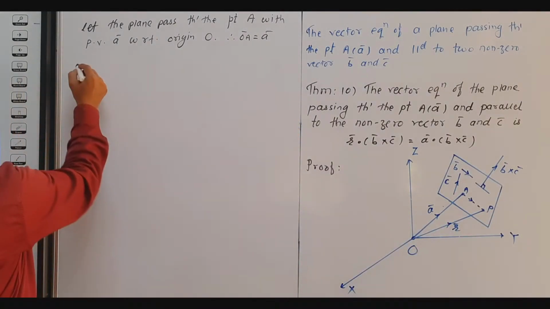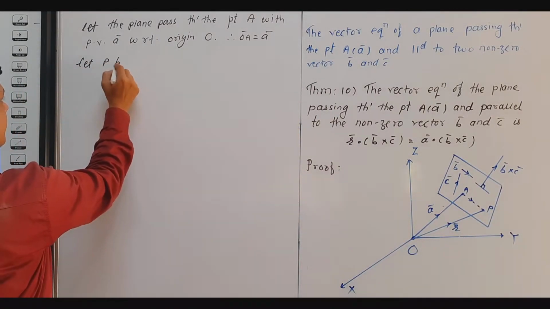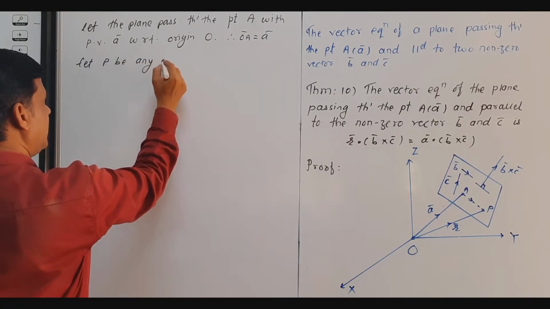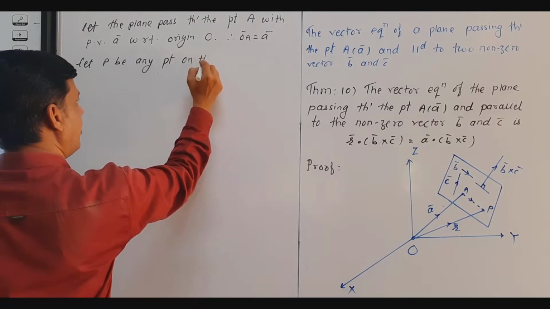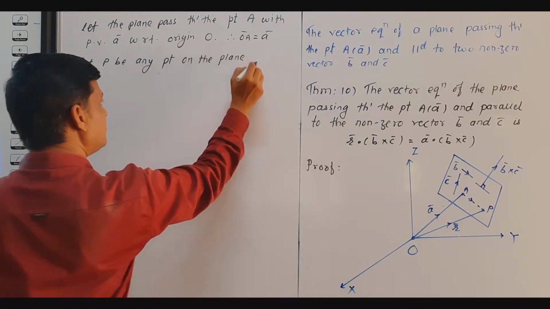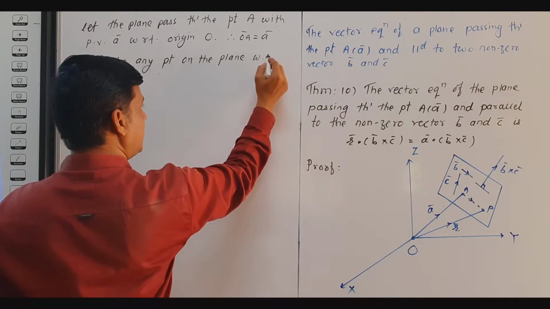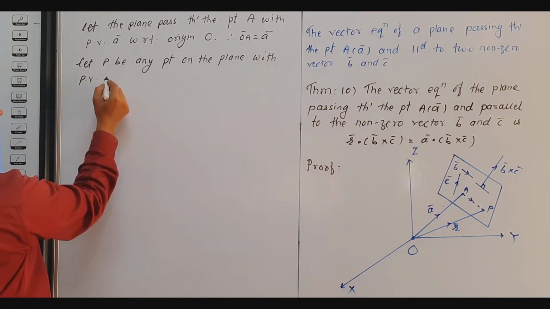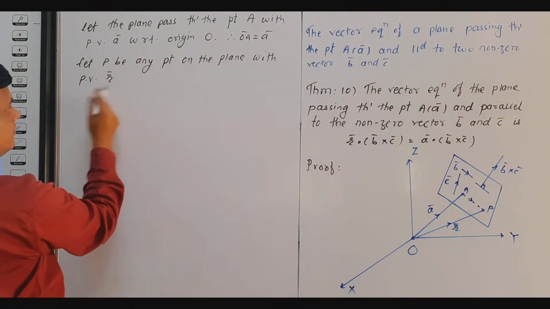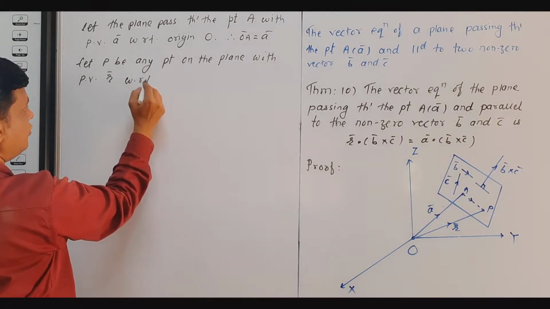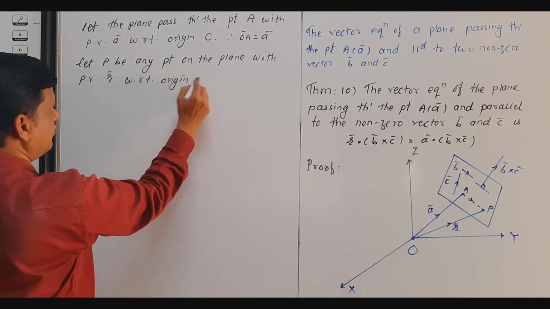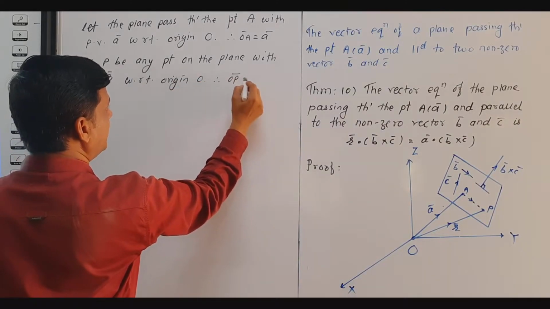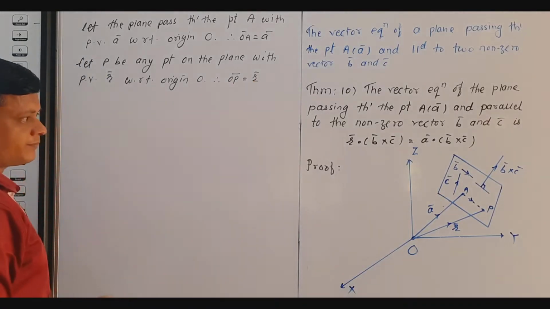So we write here, let P be any point on the plane with position vector R bar with respect to origin O. Therefore, here vector OP is equal to R bar.